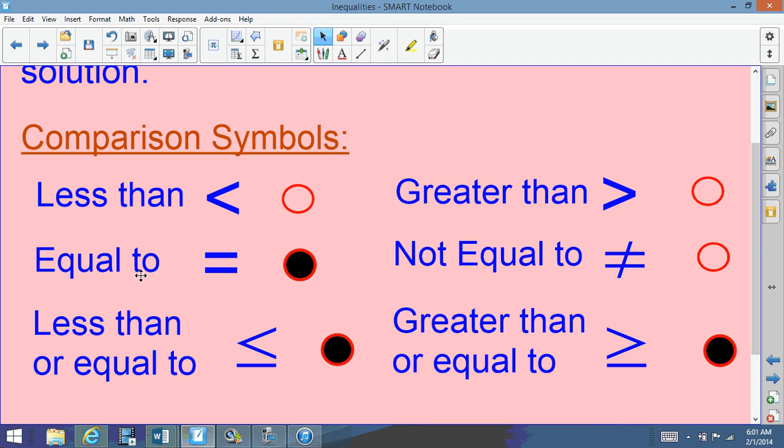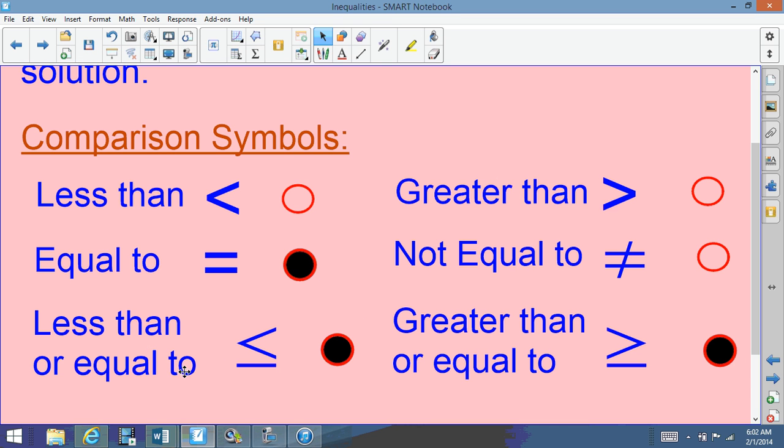The equal to symbol we've seen before, but that has a colored in circle when we graph. Not equal to is the equal to symbol with a line slash through it, and the graphing symbol for that is an open circle.